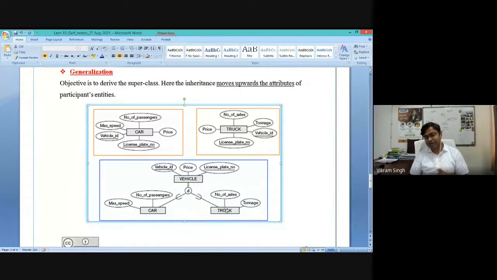Similarly, for trucks, it is number of axles, I think, and tonnage. These two attributes are not applicable for the car entity. It is only applicable exclusively for truck. That's why it is placed on this right side entity. So this is how you can achieve a generalization, right? Generalization is a reciprocal process. It is the opposite process to the specialization, and that's obvious also.